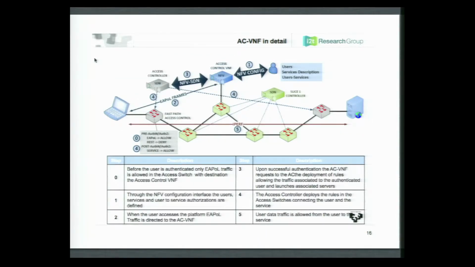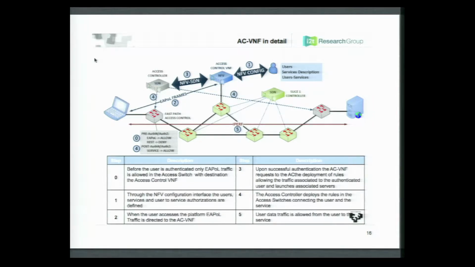Okay, this is the general scheme. I think we will be taking a look at it. But basically, we have to provision the access, this first access switch, in order to allow only EAPOL traffic to go to the access controller virtualized network function.